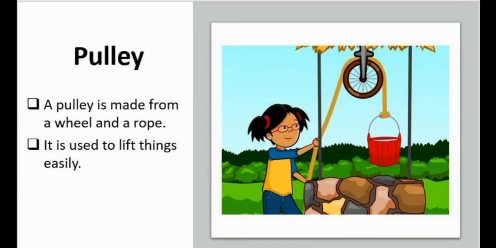Next topic is the pulley. A pulley is a small wheel with a groove around its edge, and this groove can hold a rope in position. So a pulley is made up of a wheel and a rope, and a pulley together with a chain or rope is used to lift objects easily.